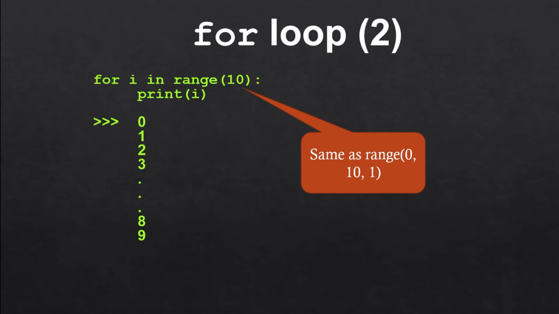And because I never indicate the step, i increases by 1. If you want to specify a step, you must always include the start as well. You cannot just write 10, 1. It doesn't work.